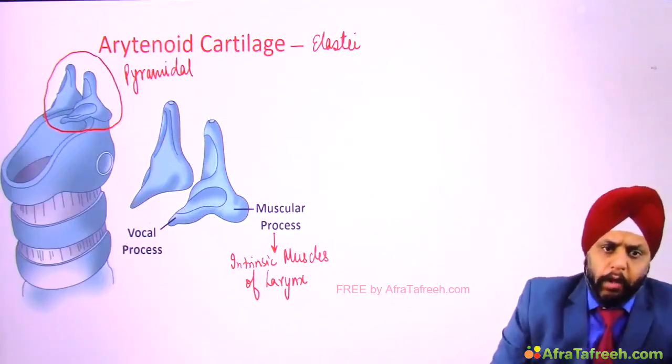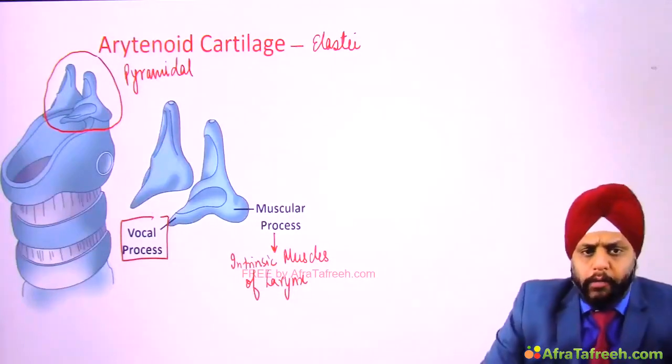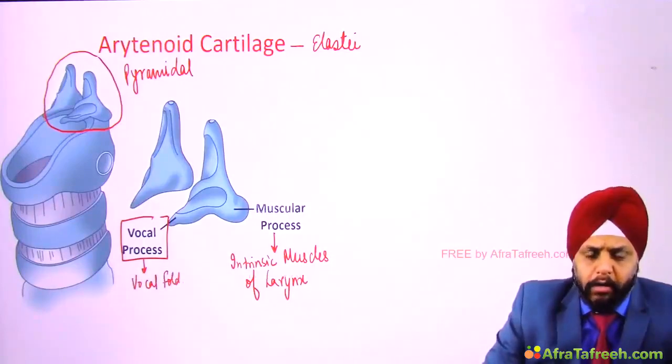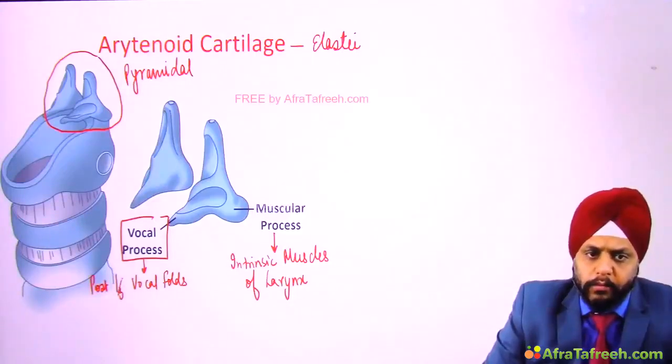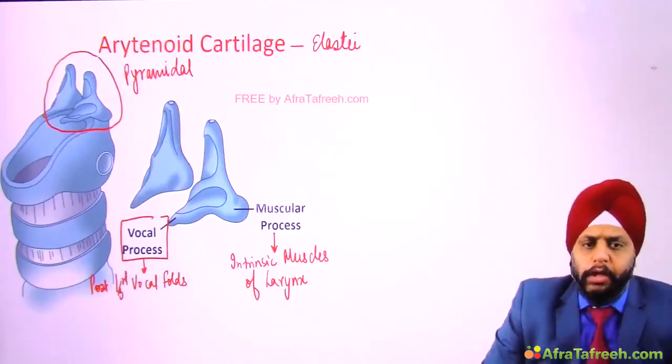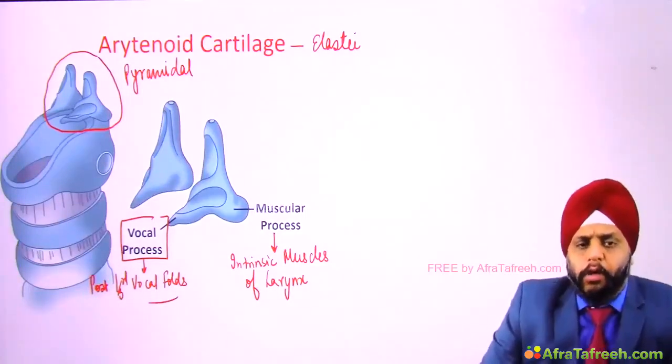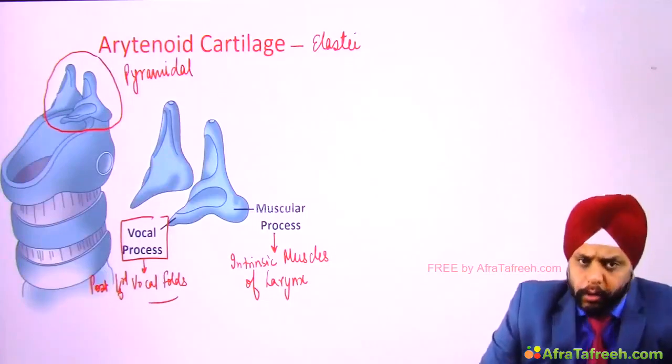Okay, now the vocal process, you see, this vocal process goes inside the vocal folds. In fact, this forms the posterior one-third of the vocal folds. Okay, so the posterior one-third of the vocal folds, you can see, is formed by the vocal process of the arytenoid.